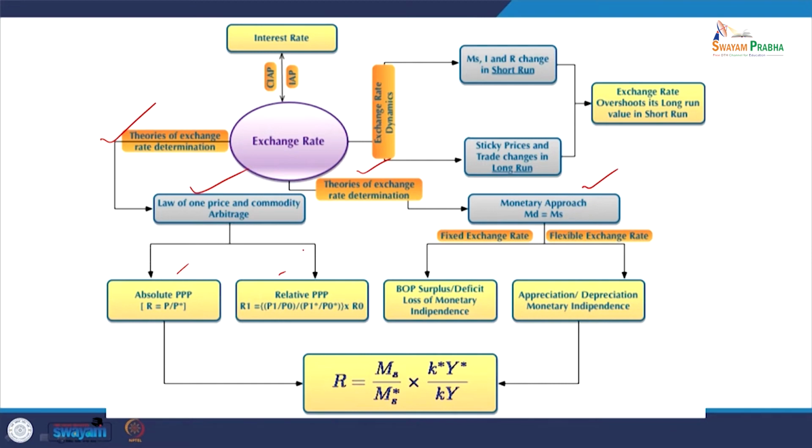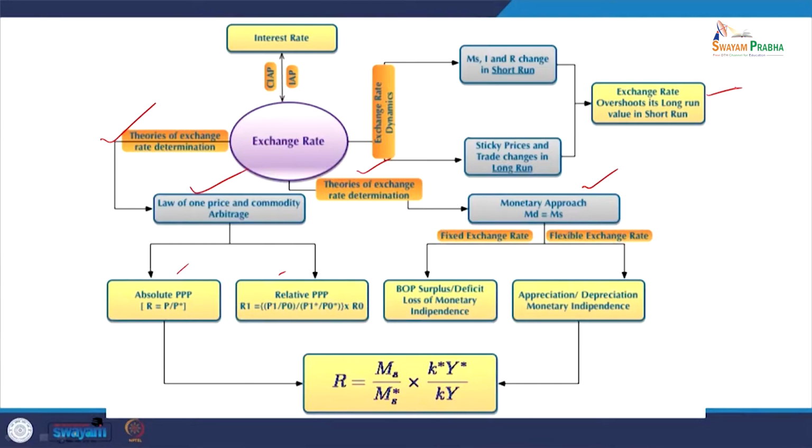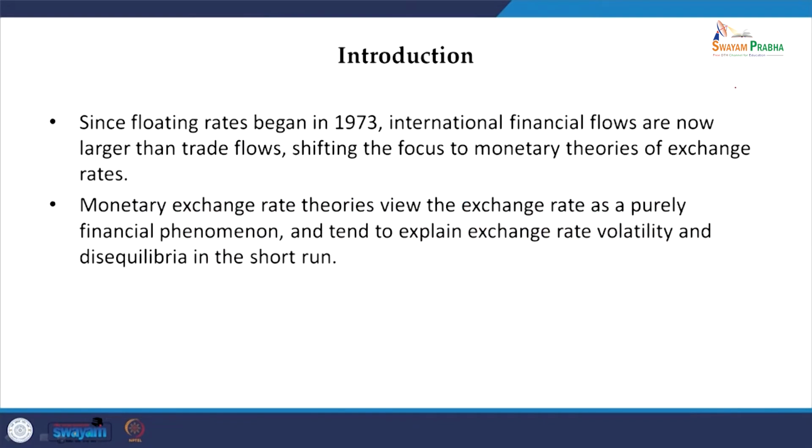And through theory we can find out some dynamics of the foreign exchange market. And the dynamics will also guide us to clarify further on a concept called exchange rate overshoot. Okay. So, we will address one by one.